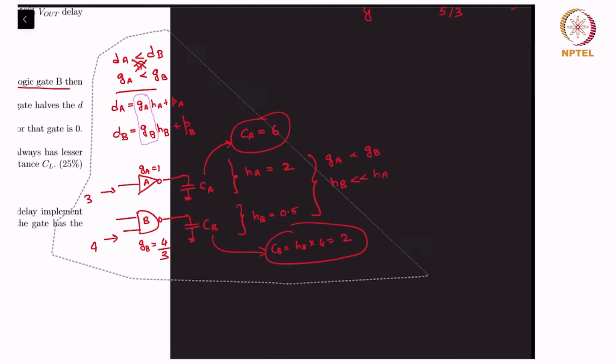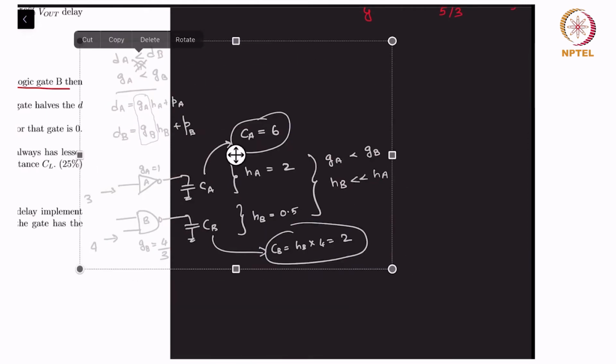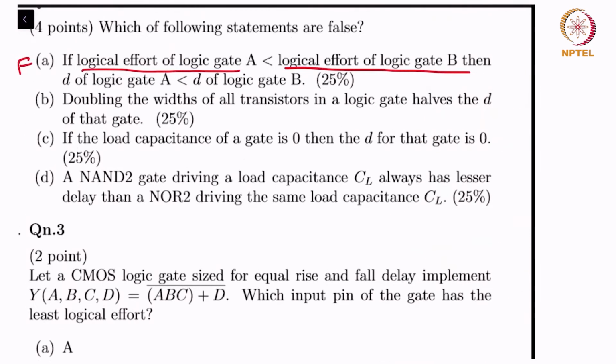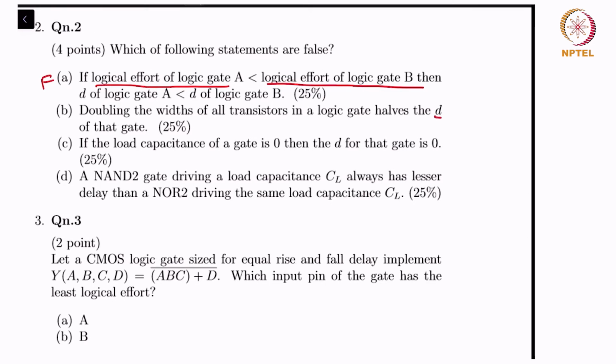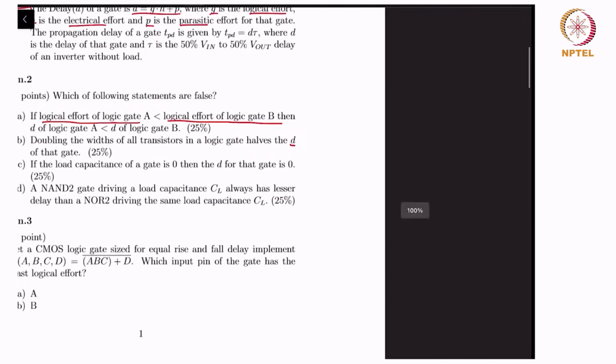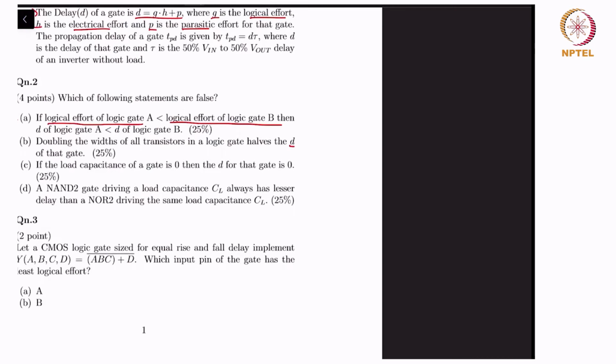Without knowing what loads the gates are driving, you cannot really say if the delay is lesser. Doubling the widths of all transistors in a logic gate makes the delay half, makes the D of that gate half. Again, if you make the width 2 times, it means that the gate cap becomes 2 times.